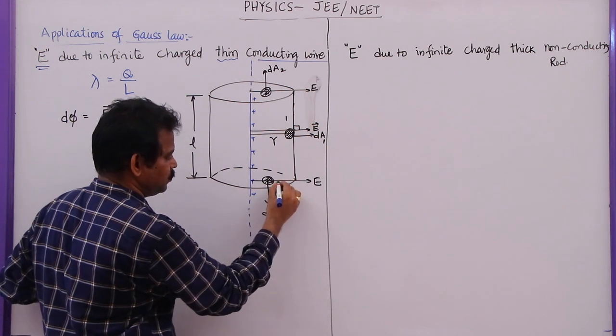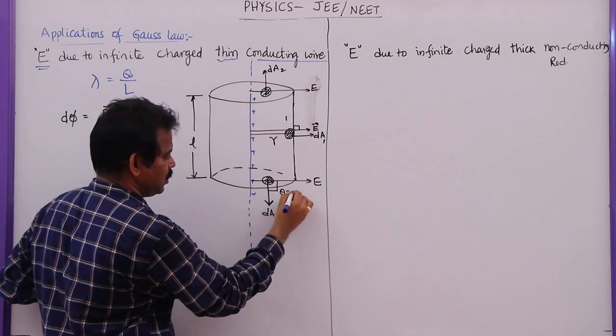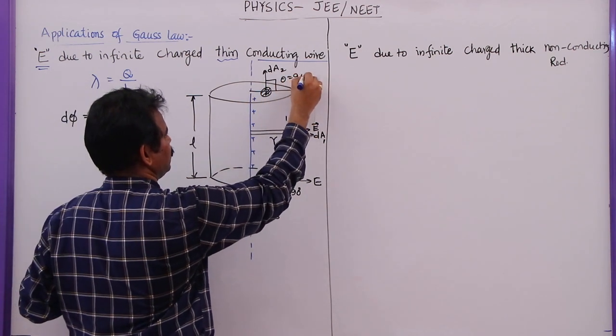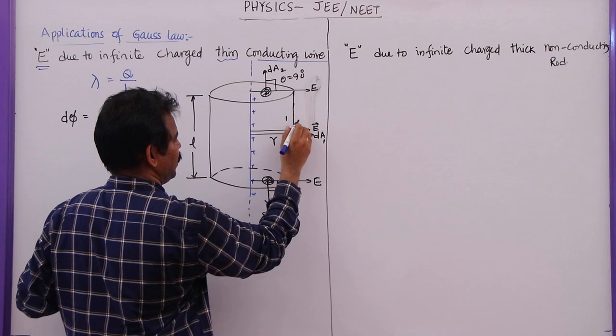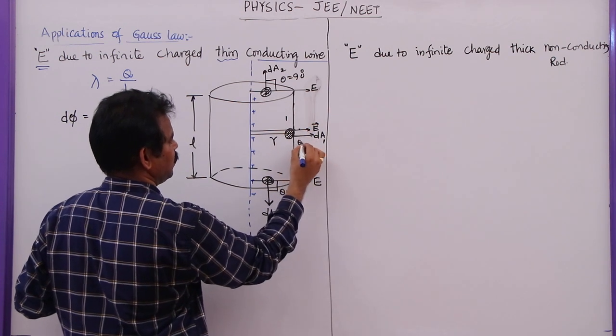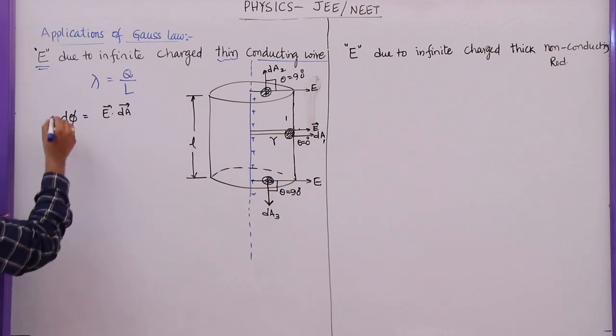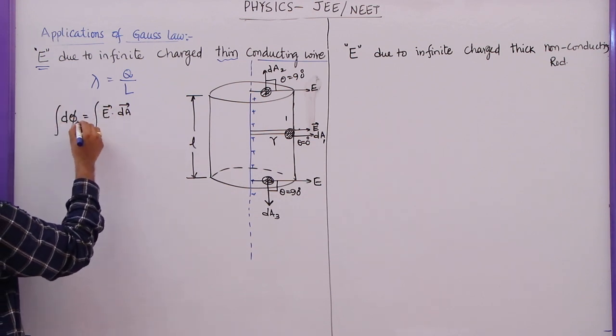So what is the angle between these two? Here theta will be 90 degrees. Here also theta will be 90 degrees. But here the angle between E bar and dA bar, theta, is 0 degrees. So to find the total flux, integrate on both sides.